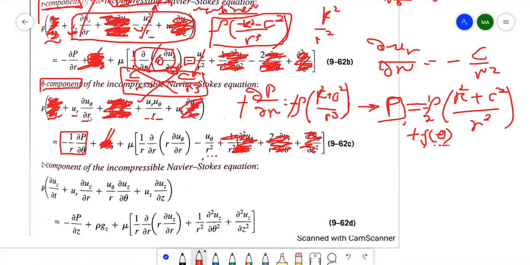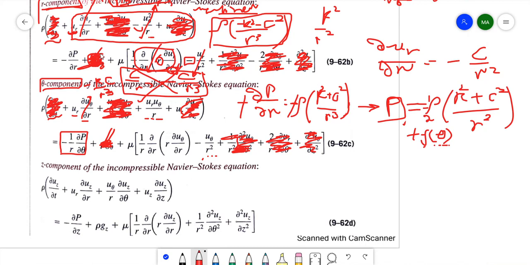U theta times partial U theta by partial R. I'm going to do this one quickly because it is the exact same thing. It is going to be K over R squared minus, and then multiplied by UR, which is C over R. So we'll have here K C over R cubed minus outside.